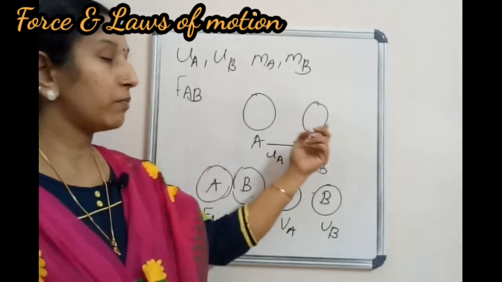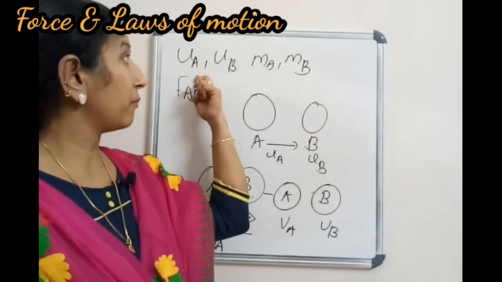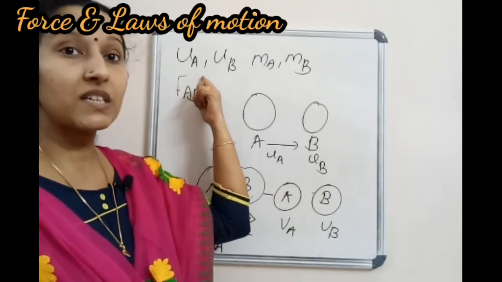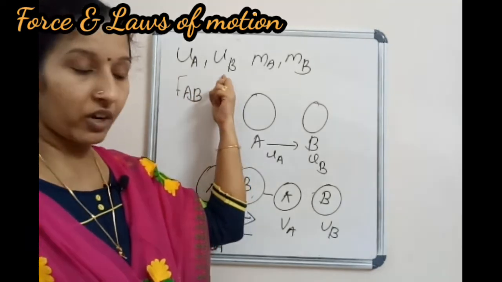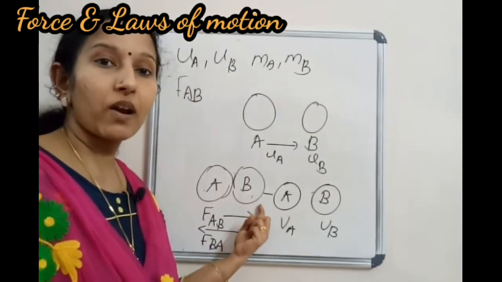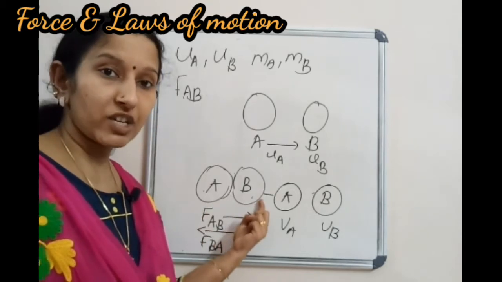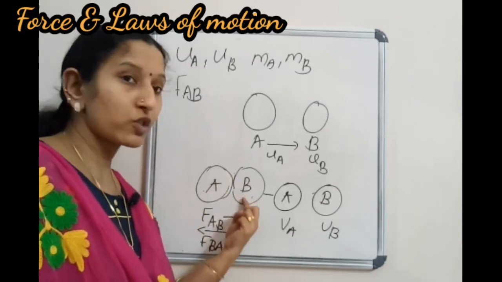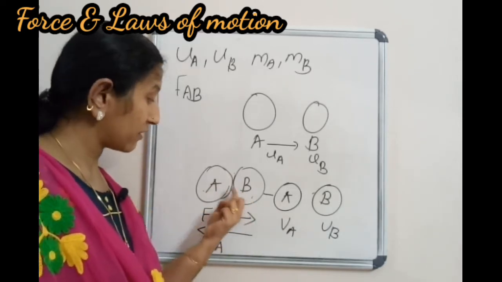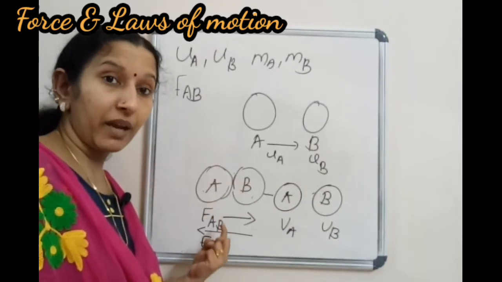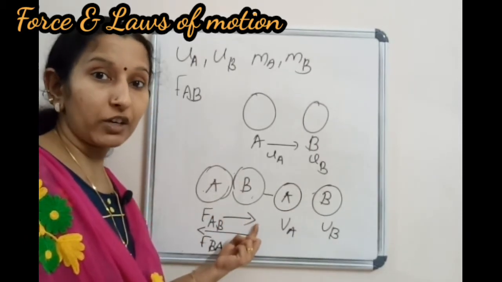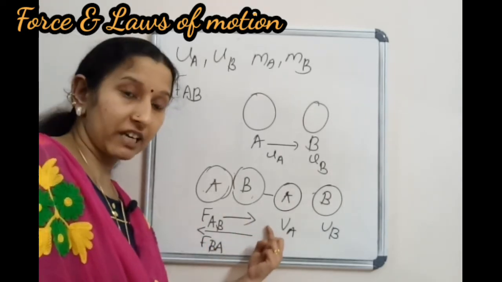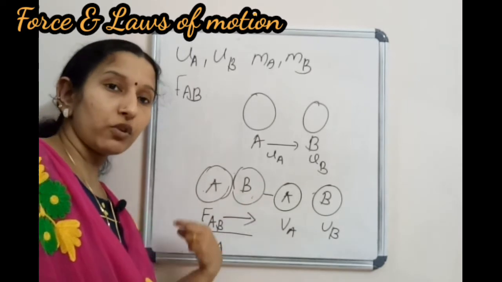Two balls A and B with masses MA and MB move in the same direction with initial velocities UA and UB. After some time they collide. A exerts force FAB on B and B exerts force FBA on A. FAB and FBA are equal in magnitude but differ in direction: FAB acts in the forward direction and FBA in the backward direction.